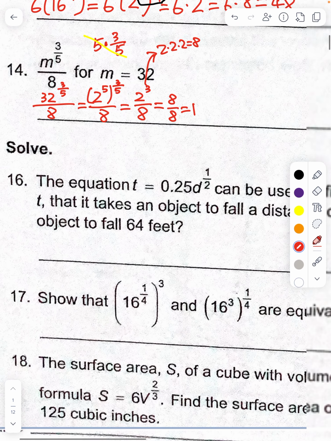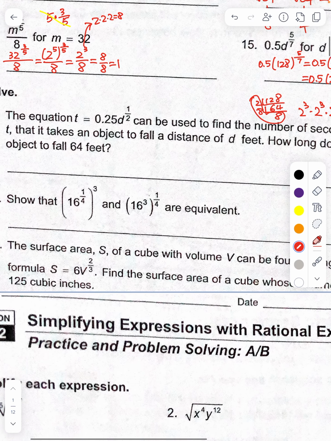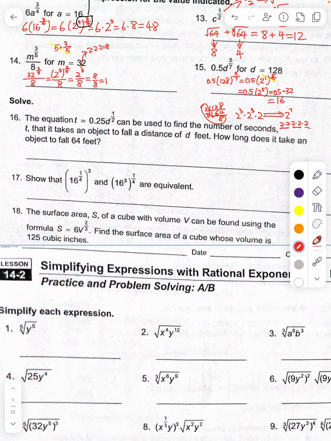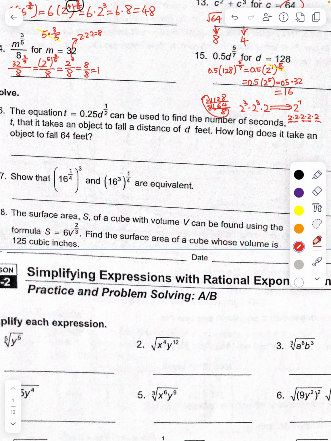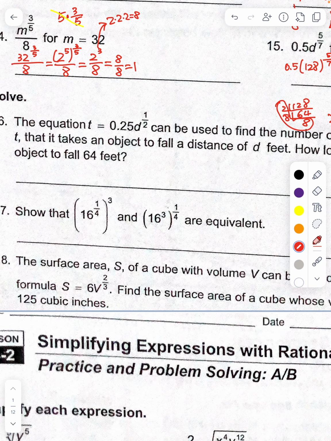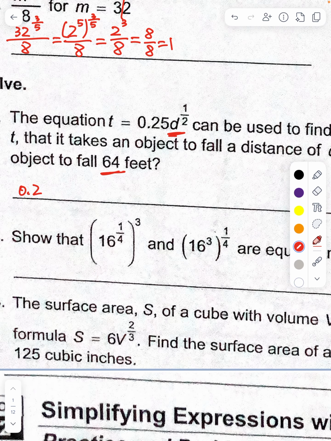Number 16, solve the equation t equal to 0.25 d raised to the half power can be used to find the number of seconds t that takes an object to fall. How long does it take for an object to fall 64 feet? So all this long word, we just replace d by 64 and find out the value, right? So 0.25 times d raised to the 1/2 power.